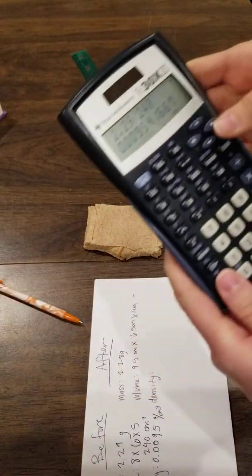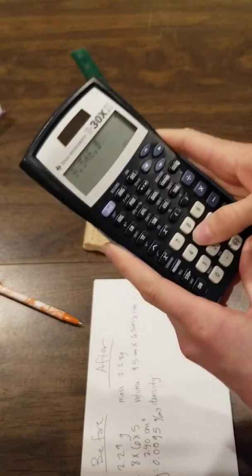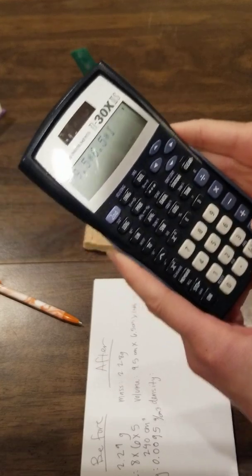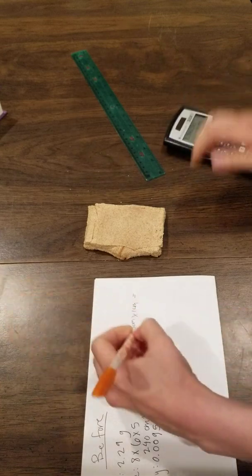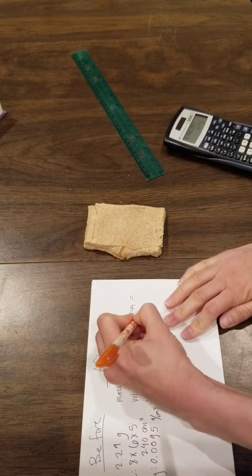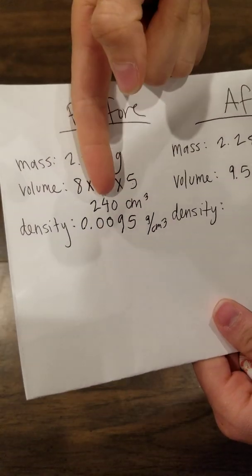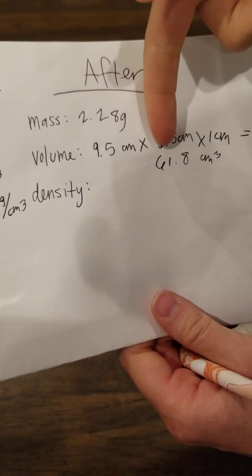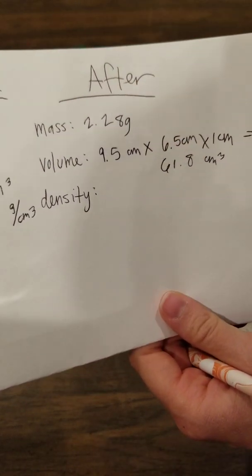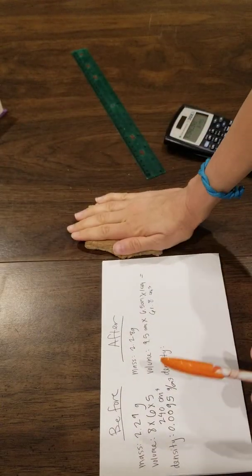So if we do our math here, that is 9.5 times 6.5 times 1, and that works out to give us a volume of 61.8 approximately. 61.8 centimeters cubed. That's way, way different. Before I squished it, it had a volume of 240 cubic centimeters. Now its volume has dropped down to 61.8 cubic centimeters. That's like, what, a third or a fourth of the volume that it was before?